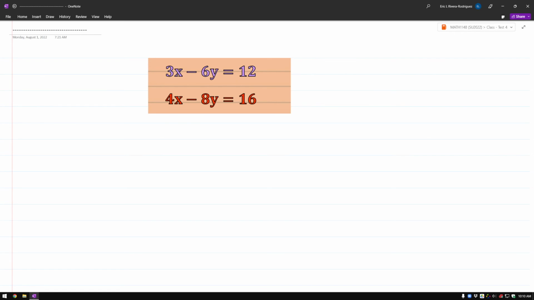Okay, so if I'm going to do elimination, what would you recommend I do? Eliminate all the negatives. So do you want to eliminate the y variable? Okay, so we have 6 and we have 8. How can we make these two opposite to each other?